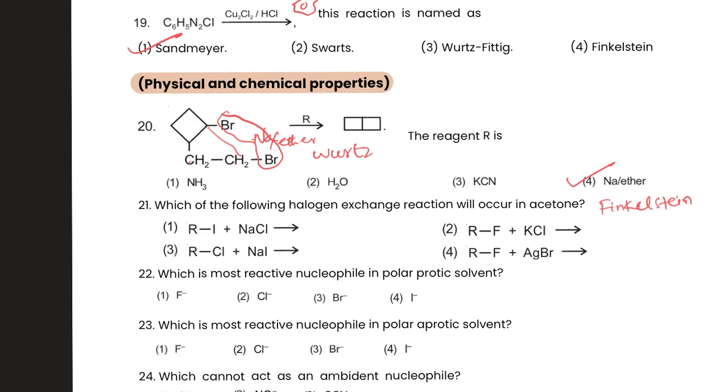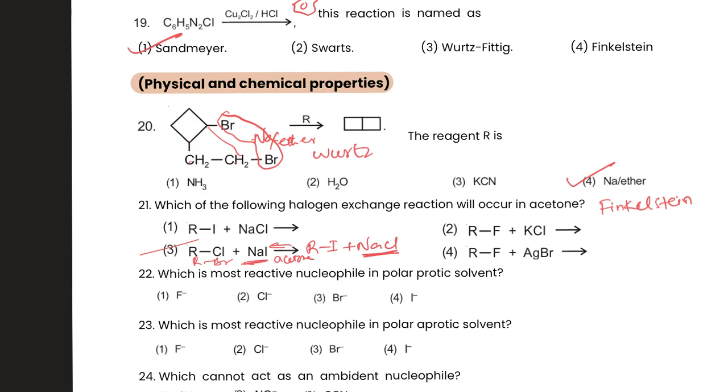That is the correct option, so the third option, because this will give RI plus NaCl in acetone solvent. In acetone solvent, NaCl is more ionic, so there is no backward reaction. RCl or RBr are less soluble in acetone.